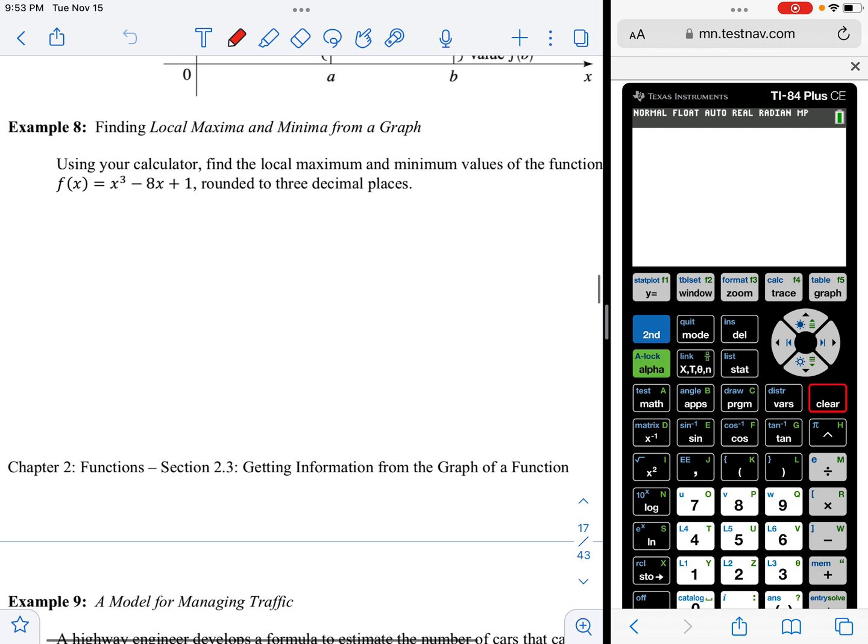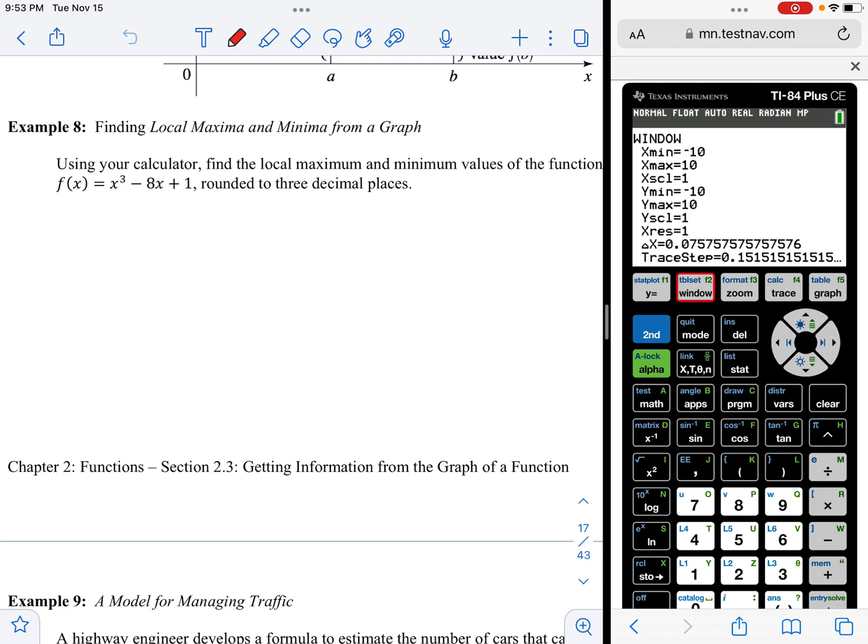So in our calculator, let's go ahead and type in the function. This will be x cubed minus 8x plus 1. And then let's find the same window together, just the standard window.